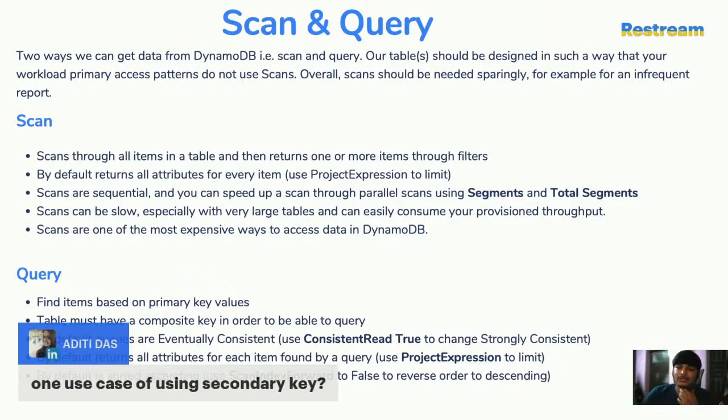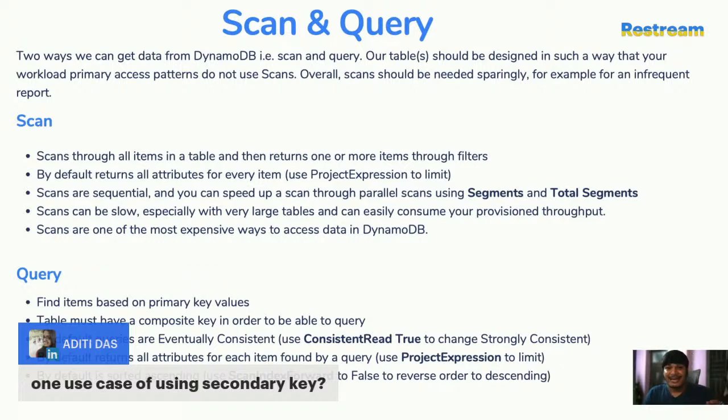One use case for the sort key: suppose you have student age, and you already have one primary key, say student ID. You have a second sort key, say the admission time. Now you want to sort or filter the data based on the age.